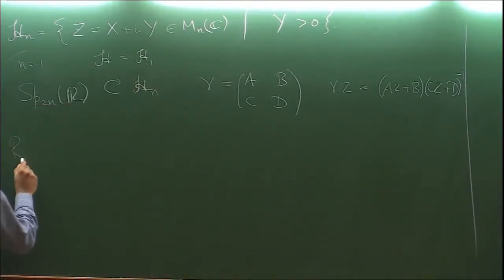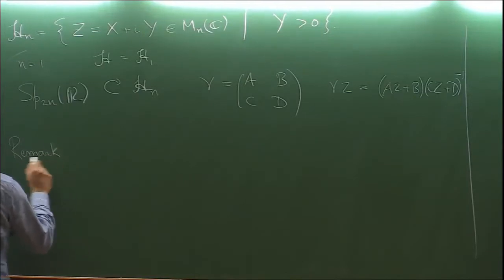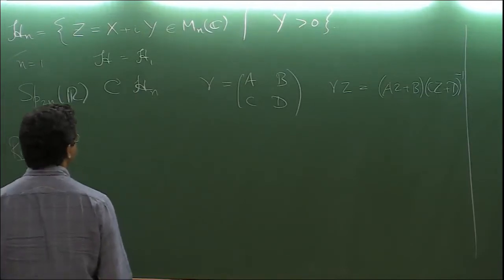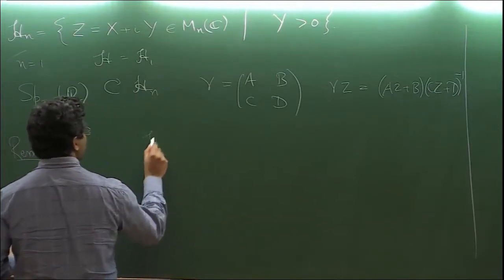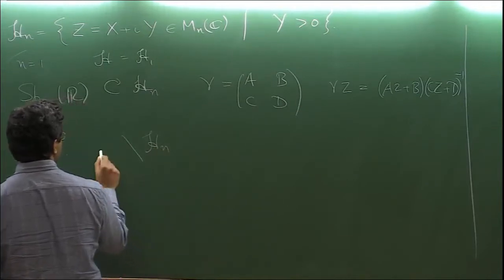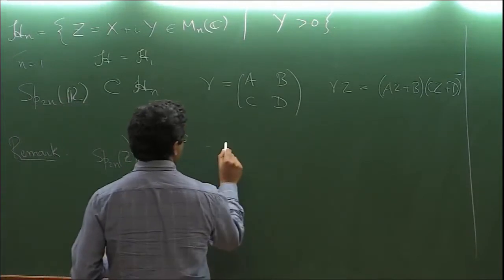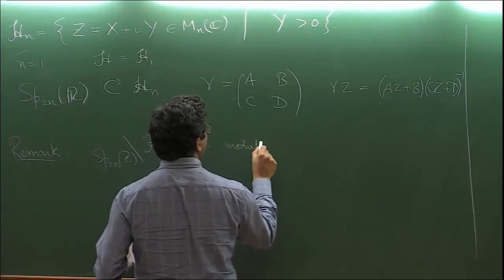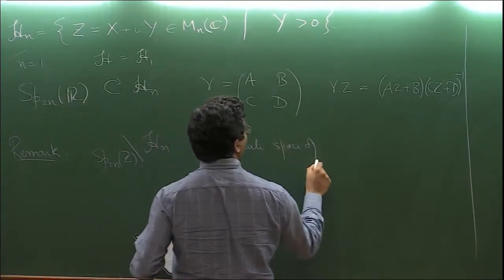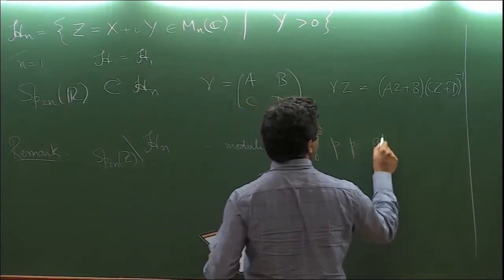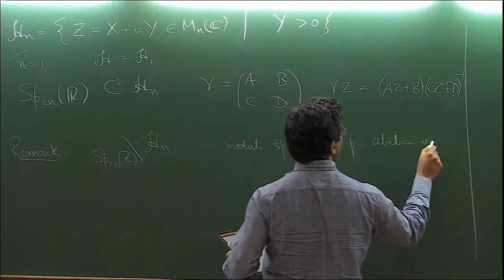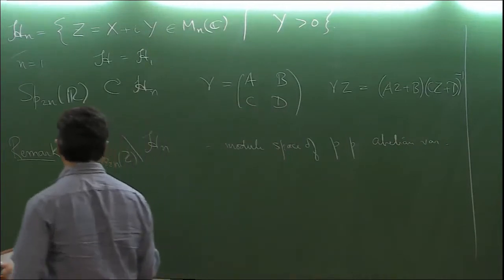Okay. So I'm soon going to define modular forms, and the name comes because these are moduli spaces. So here's a remark, if you don't know this. H_n over Sp_2n(Z), this is the moduli space of principally polarized abelian varieties. Okay, I won't say much.